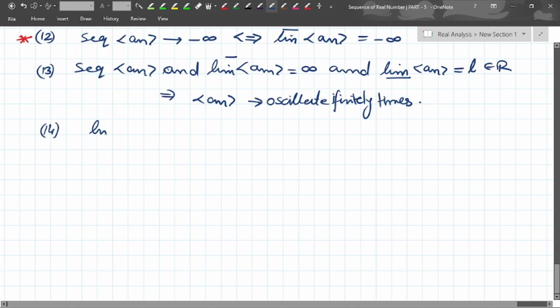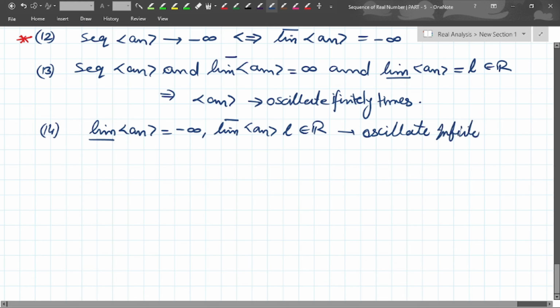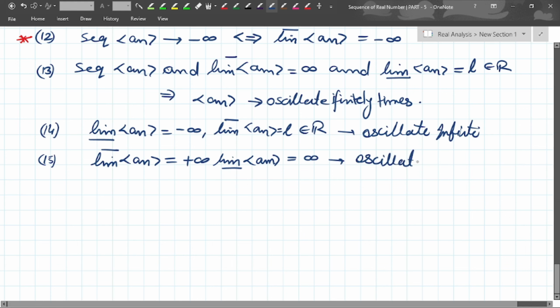Next, if you have the limit supremum of a_n as minus infinity and the limit infimum as L belonging to the real numbers, it also oscillates infinitely many times. The 15th result says that if the limit infimum is L and the limit supremum is positive infinity, it also oscillates infinitely many times. These are the meanings of the results.